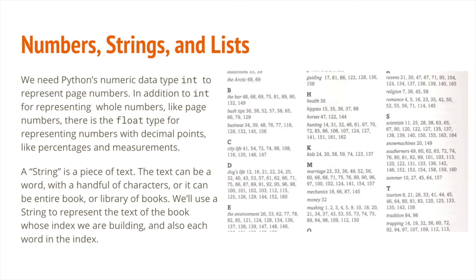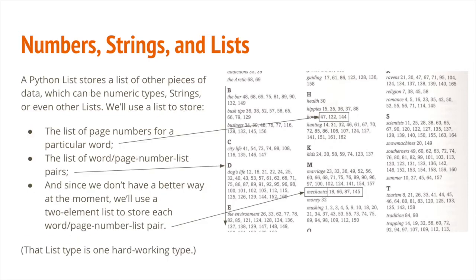We'll use a string to represent the text of the book whose index we are building, and we'll also use a string to represent each word in the index. The list we're going to use in a number of ways. A list can store a list of other pieces of data, which can be the numeric types, strings, or even other lists.